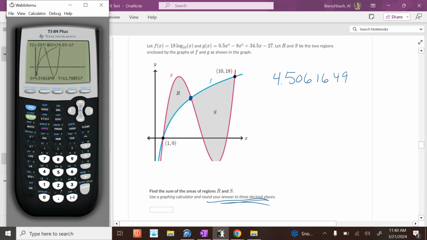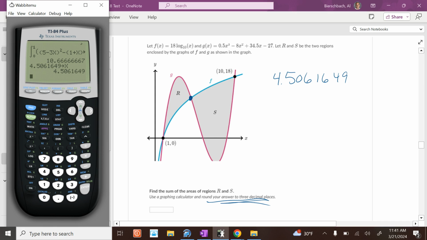So I can say second quit, 4.5061649, and I can hit the store button in for x. Store that as my x value. It stores a number in for a variable if you want it to. Well, I guess I didn't really need to do that.